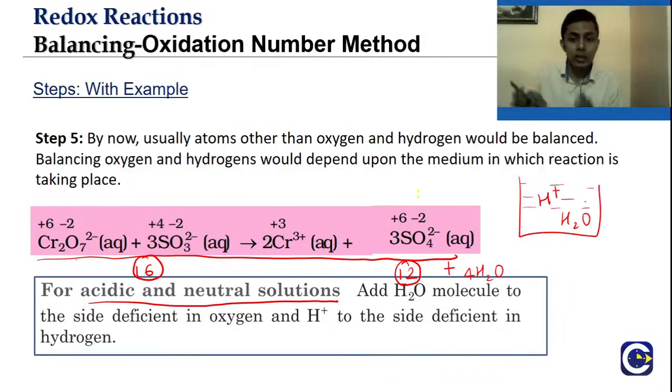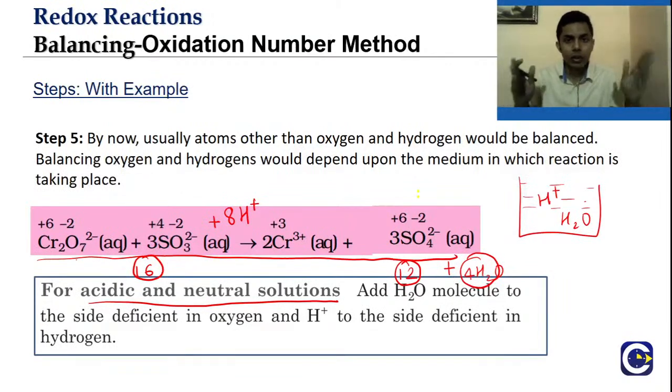And whatever hydrogen imbalance comes, you balance by adding H plus on the other side. So here you can see when I add water, 8 hydrogen will become surplus. So I'll add that over here as 8 H plus. By this, my reaction will be balanced. Clear? I'll repeat again.